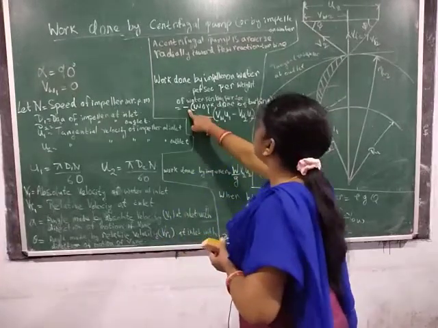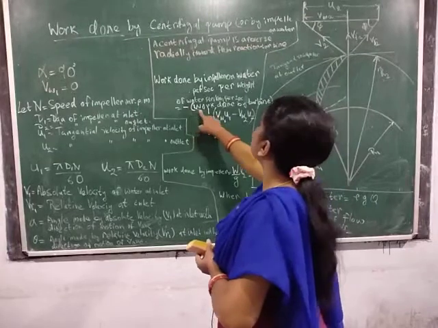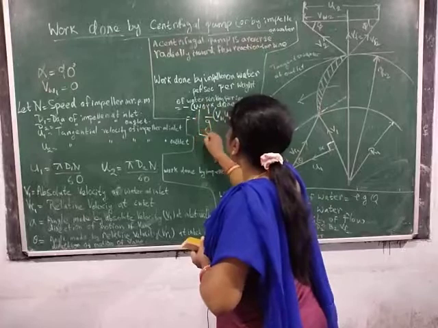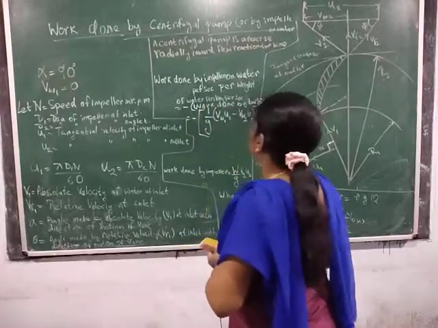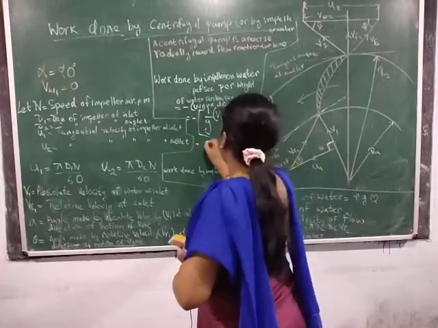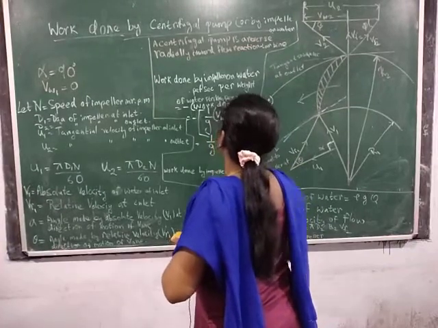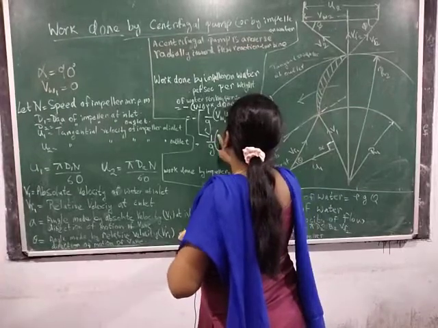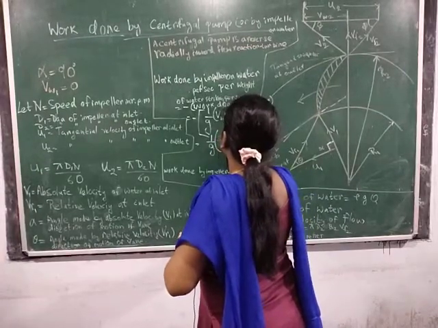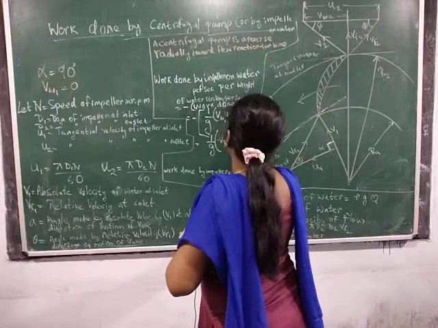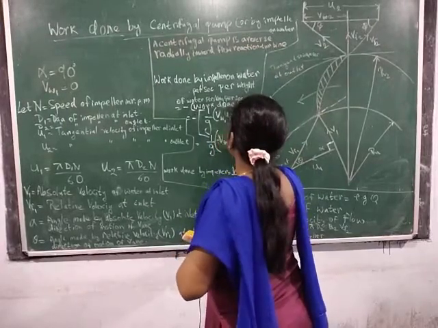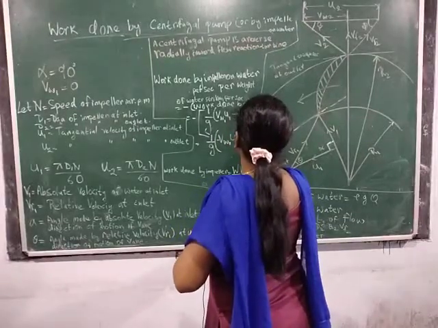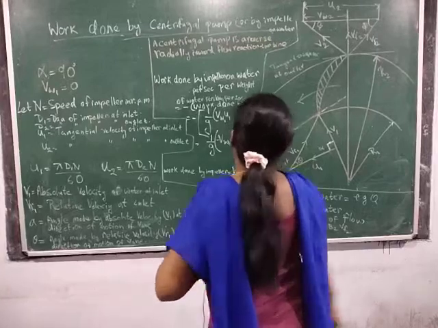So here this is minus because this is the reverse of the work done by the turbine. So this becomes 1 by g into Vw1 U1 minus, that is plus, Vw2 U2.